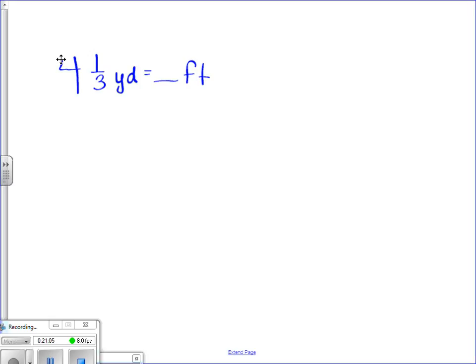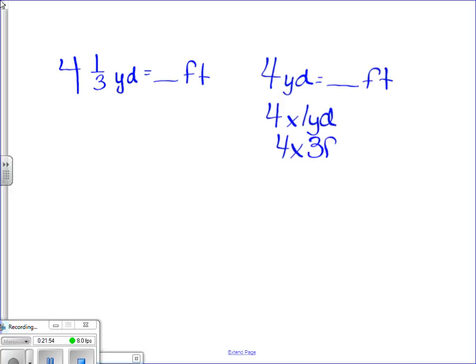The only difference with this is that there's a little fraction on the end of it. That's the only difference, because it's 4 1/3. 4 yards, you can do that, right?